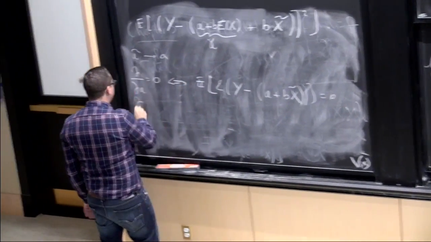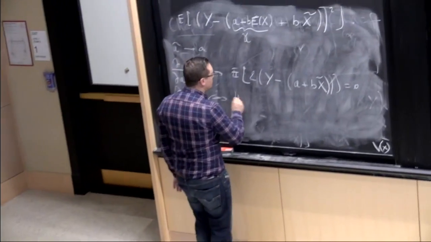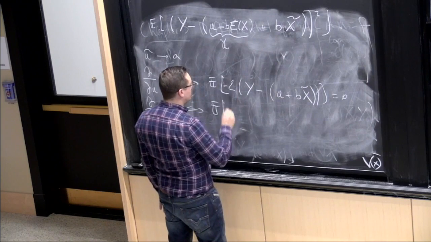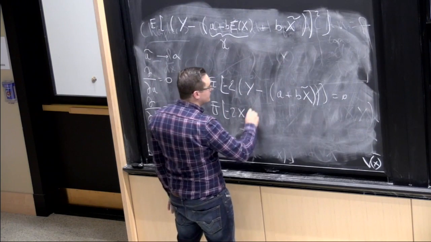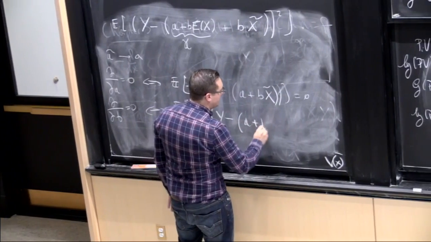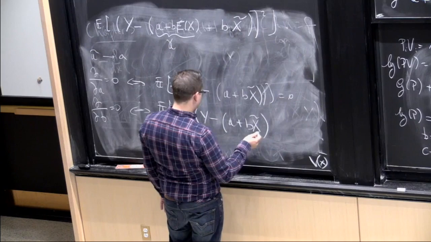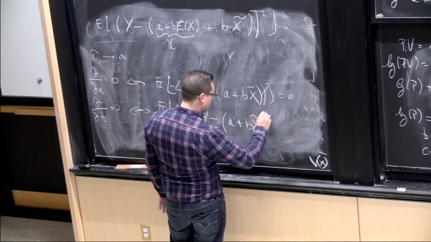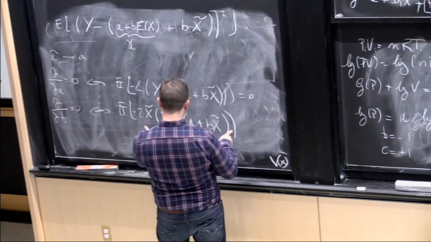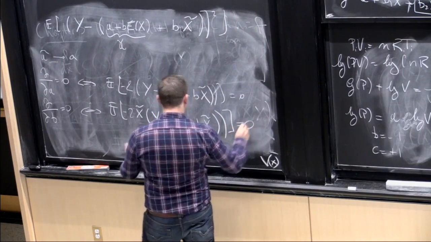And then I also have that the derivative with respect to b is equal to 0, which is equivalent to the expectation of, well, I have a negative sign somewhere, so let me put it here, minus 2 x tilde (y minus (a plus b x tilde)). Okay, see, that's why I don't want to put too many parentheses. Okay?